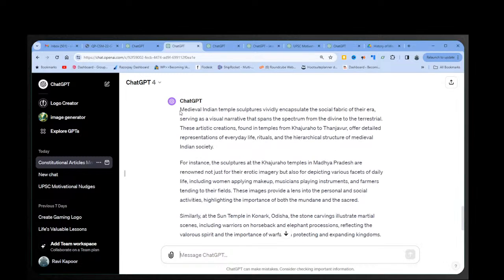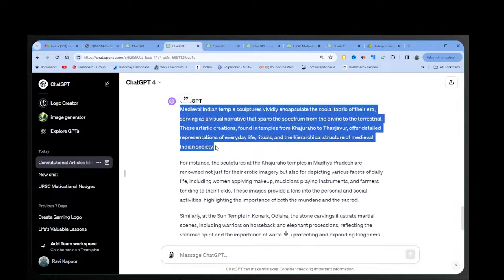एक बार ही पढ़ते हैं क्या लिखा है इसमें. It has written, medieval Indian temple sculptures vividly encapsulate various social fabrics of the era, serving as a visual narrative that spans the spectrum from the divine to the terrestrial. These artistic creations found in temples from Khajuraho to Tanjore offer detailed representations of everyday life, rituals, and the hierarchical structure of medieval Indian society.